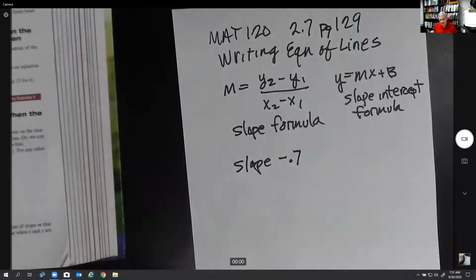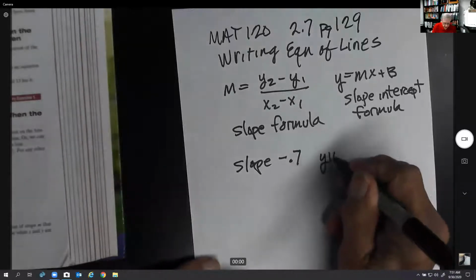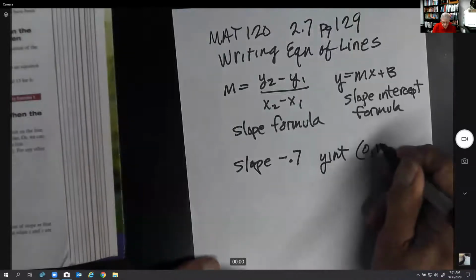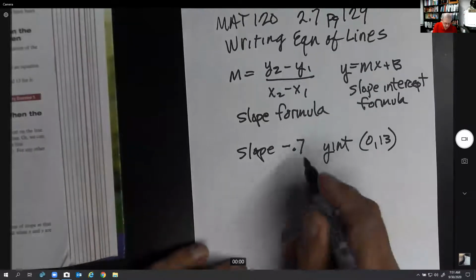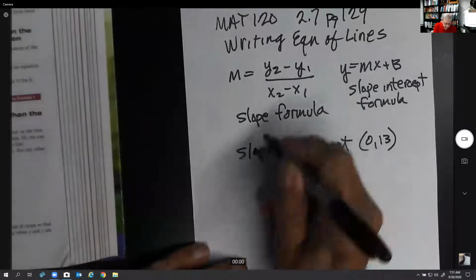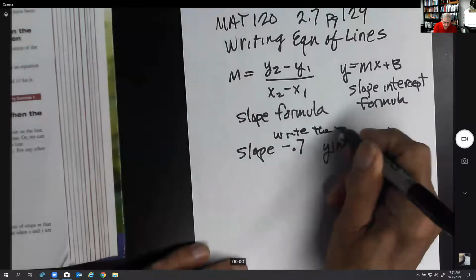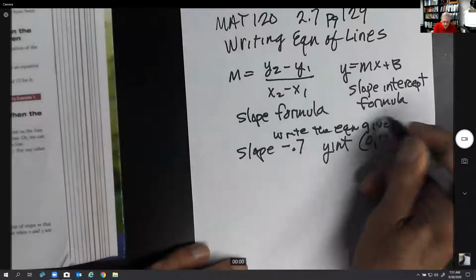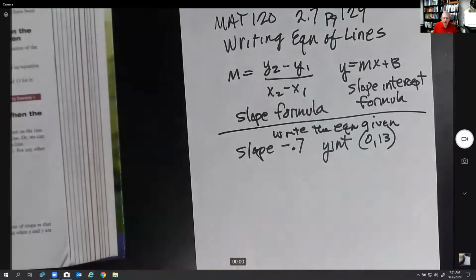Kind of a strange one, but it has a y-intercept of 0.13. So we're not going to graph this. We're going to write an equation, and we're given this information. So let's see what we can do.